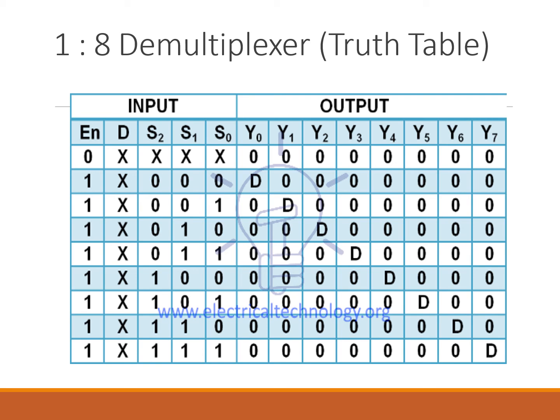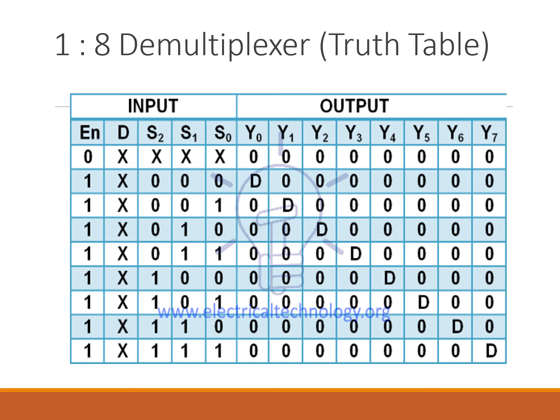Like how I explained for 1:4 demultiplexer, we have the same operation here also. When enable is low and data input as well as the select lines, irrespective of whether it is 1 or 0, there will not be any output lines connected as such in the output.